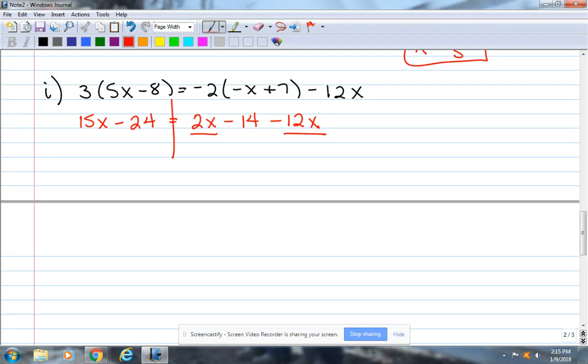Very good. -10x. So copy the rest of it. 15x minus 24 equals -10x minus 14. And I combined the two that I underlined there. And now we can start going to both sides and get our x's together. So how do y'all want to do that? Yeah, I would add 10x because I'd rather add than subtract personally. And what is 15x plus 10x?